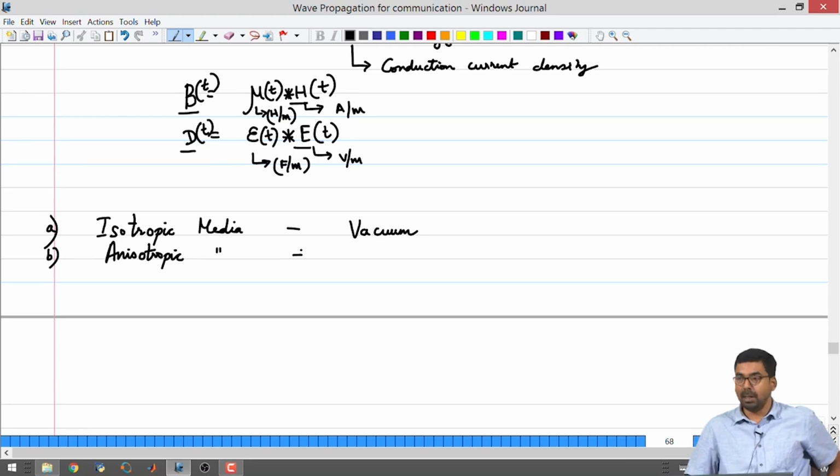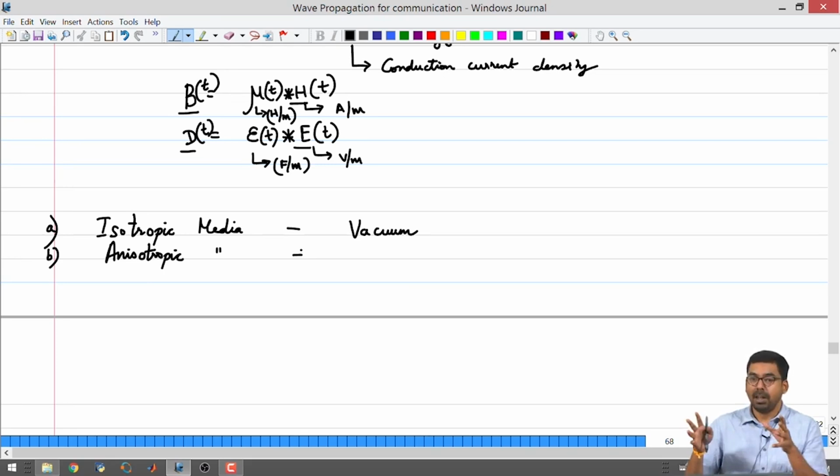You must have dealt with what are known as crystalline materials, and in crystalline materials we placed a lot of emphasis in the undergrad on the simple cubic system. In the simple cubic system, at the corners of the cube you will have atoms of a material positioned. And that is one way of looking at anisotropic medium.